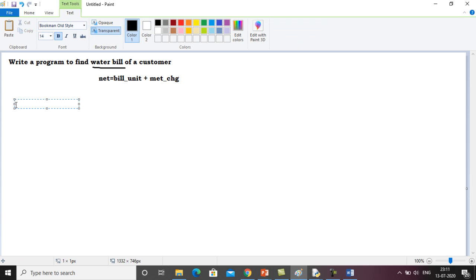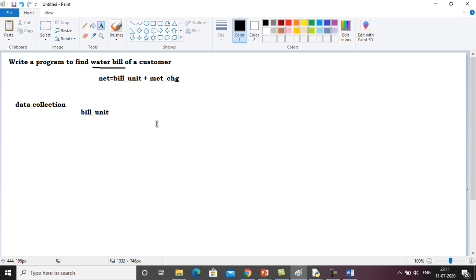Now let's move to the data collection part. In the data collection part, first we have to find the bill unit. So how can we get the bill as per the given units?